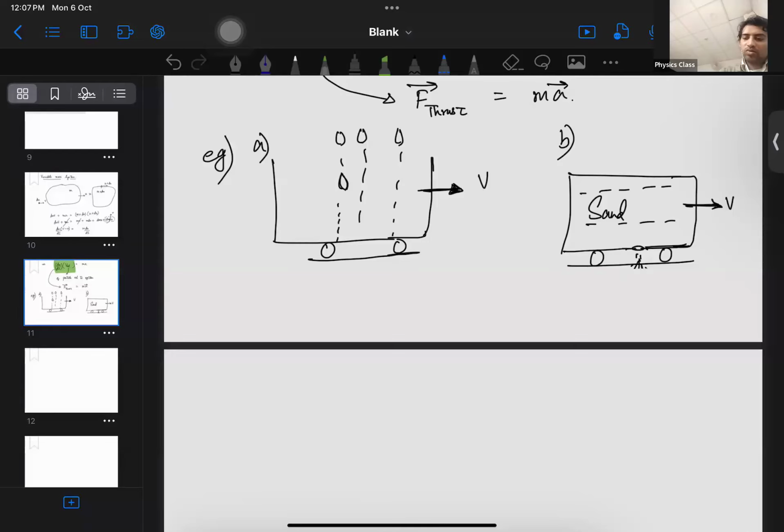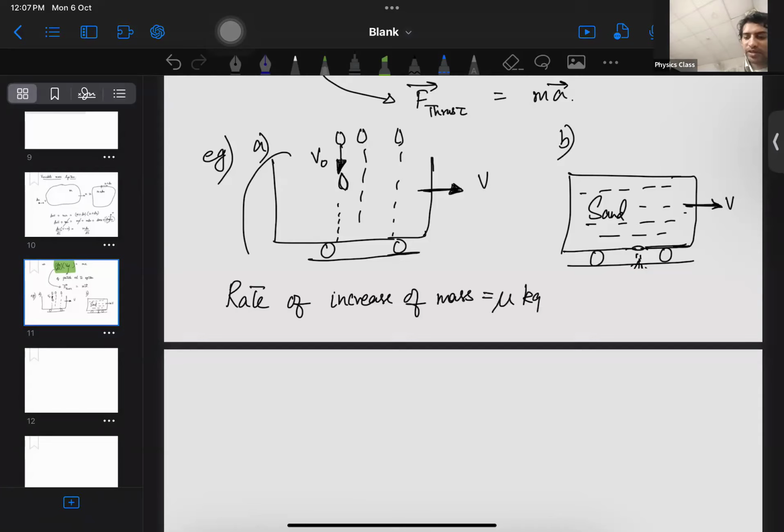So we want to find out how the velocity changes with time. And the rain has a velocity in this direction of, let's say, v naught. And the rate of increase of mass is equal to mu kgs per second, and over here it is mu kg, a decrease in the mass.